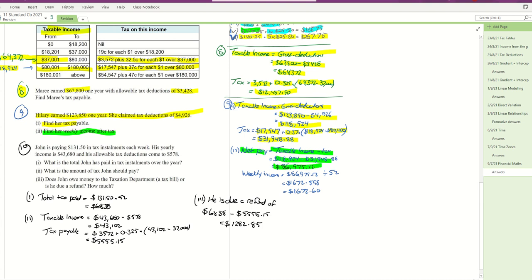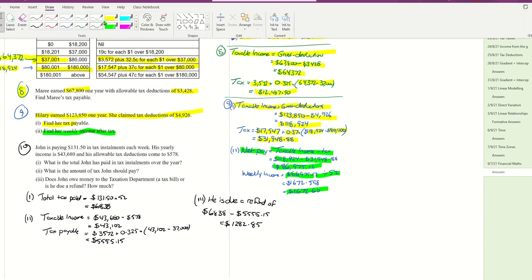She's paid for the year $86,975.12. So her weekly income is simply that number divided by 52, and we find that that is 1672.598. We always give our money correct to the cents, 2 decimal places, $1,672.60.